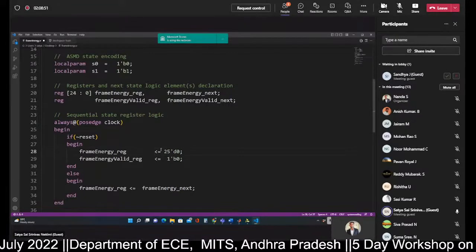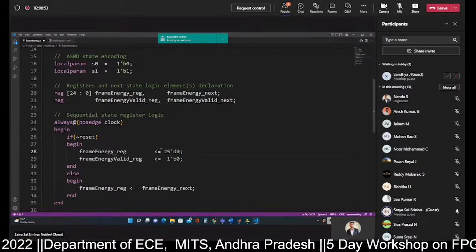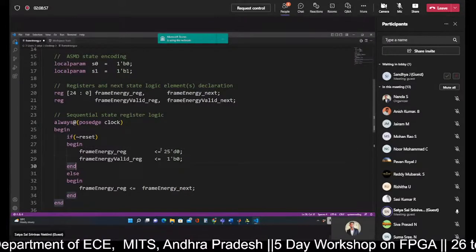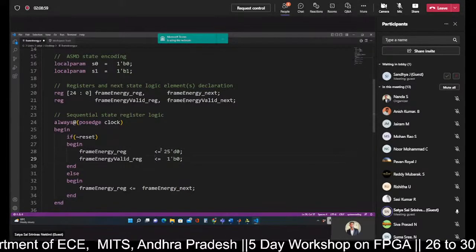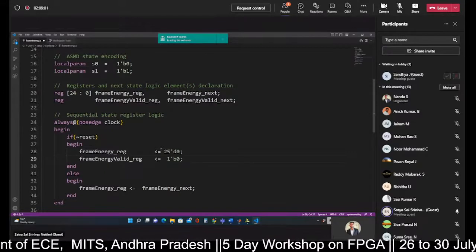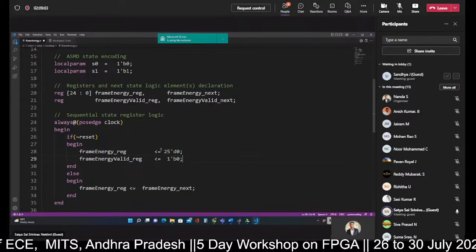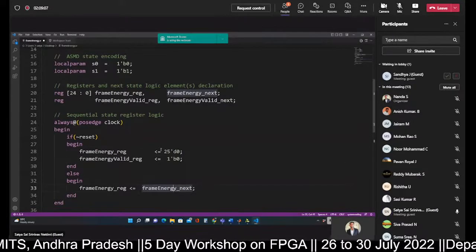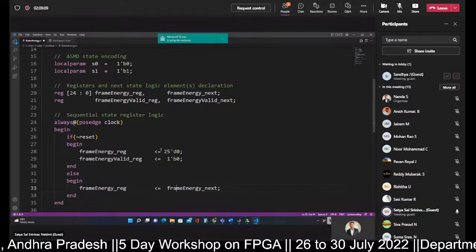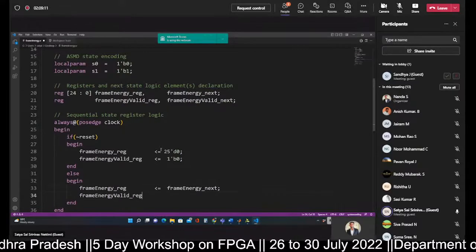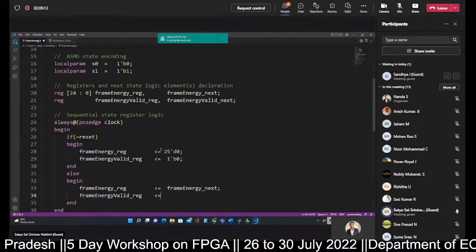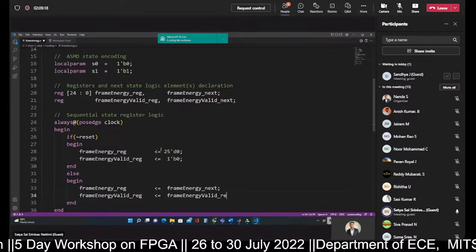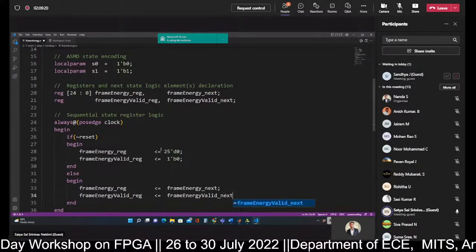When you reset, everything will be 0 and the energy value on the frame energy output is not an actual energy value. That's why by default the valid signal will be 1'd0. And whenever there is no reset signal, on arrival of a clock edge, it will follow the next state value.